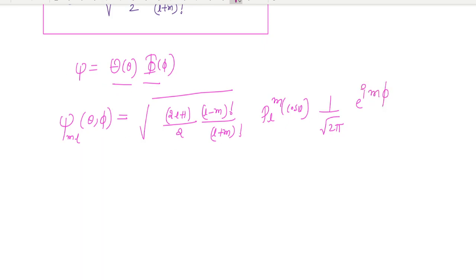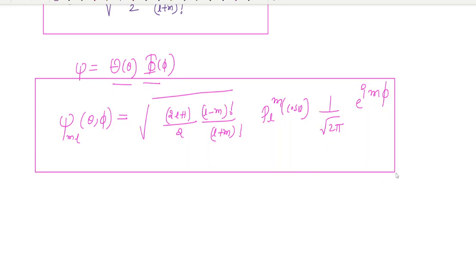This is our final eigenfunction of the rigid rotator.